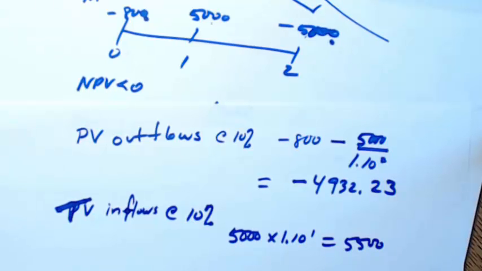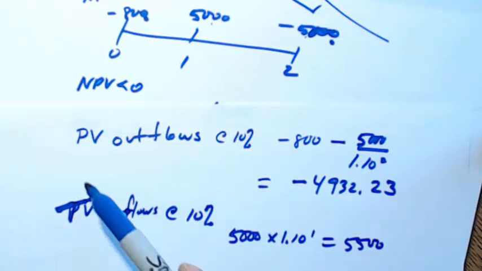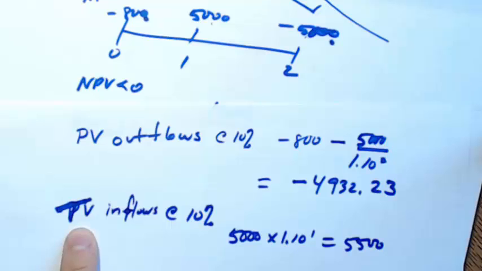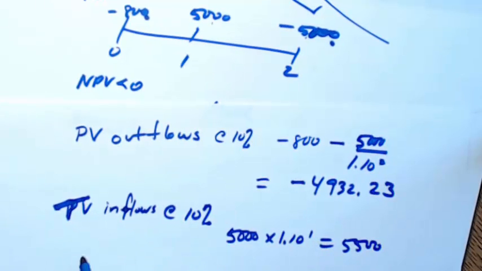Okay. Now we're at a point to figure out what the modified internal rate of return is. So with that trick in mind, that we take the negative cash flows, come up with a present value, compute a future value for the inflows, and now compare them.